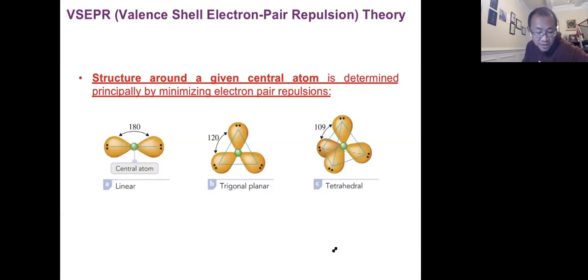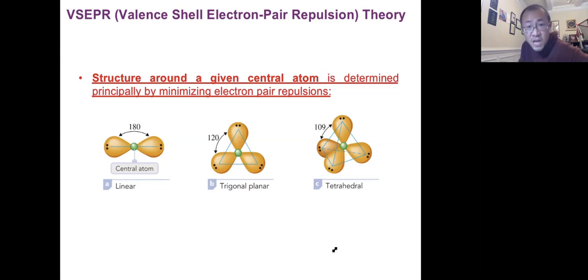We use a theory called VSEPR, valence shell electron pair repulsion theory. Don't worry, you don't even need to know that name. You can call it VSEPR or V something's theory, it's fine, as long as you understand what the theory is.